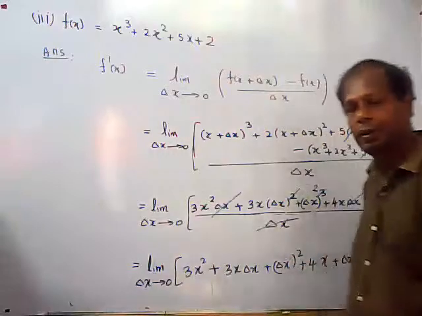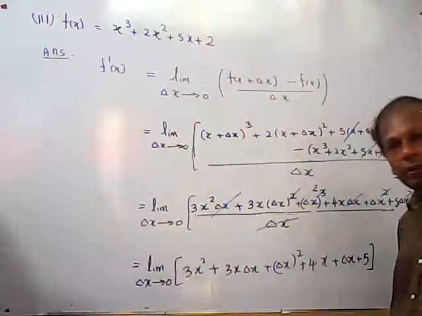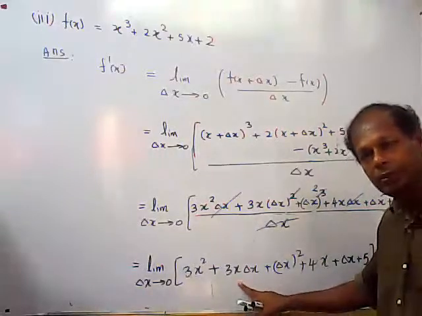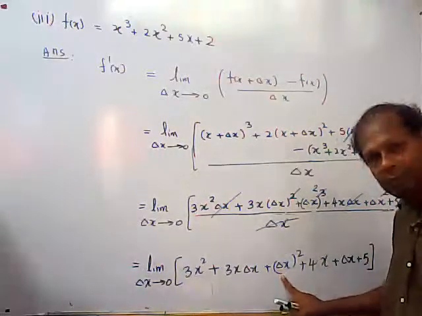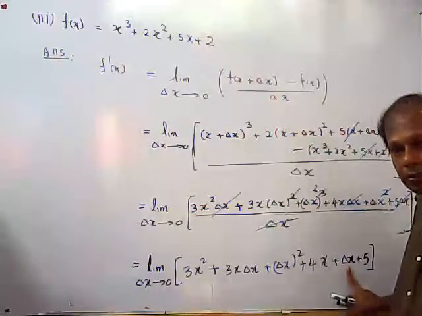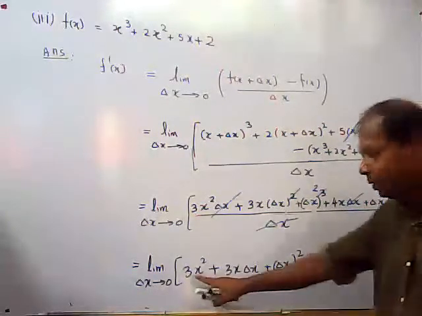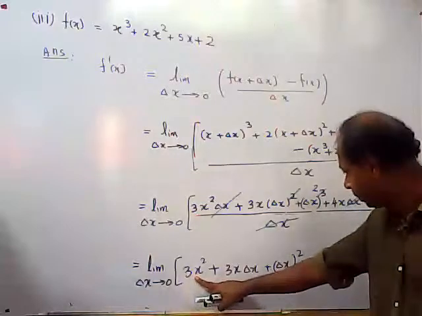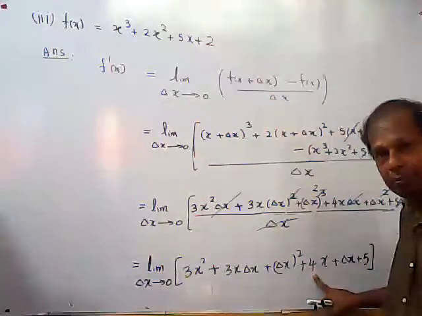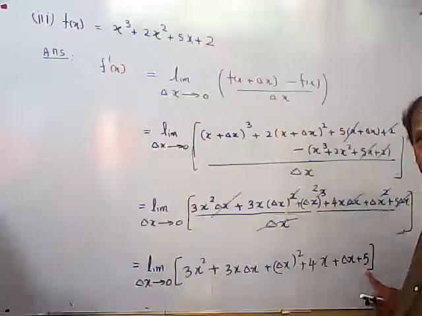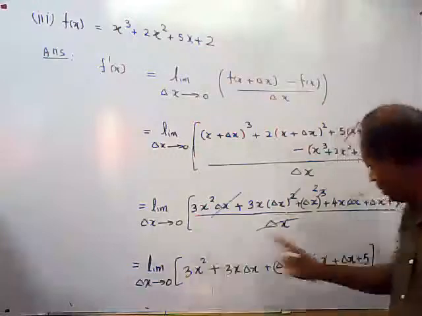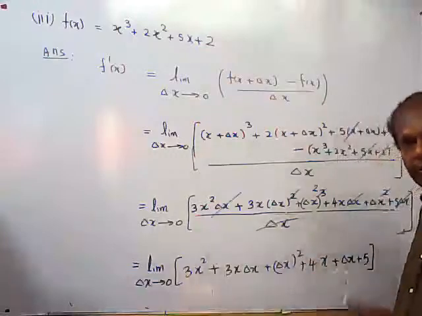Okay. Now what happens as you take the limit? This term will disappear, will go to 0. So will this, and this will also disappear, right? Leaving 3x squared plus 4x plus 5. Those are the terms remaining. 3x squared plus 4x plus 5.